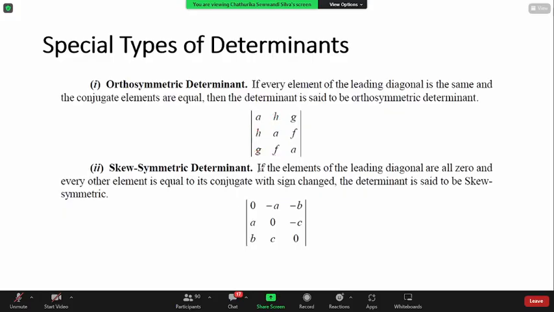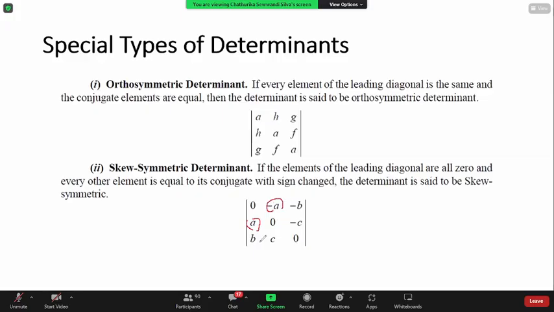The next one is the skew-symmetric determinant. If the elements of the leading diagonal are all zero, make all your leading diagonal elements zero, and every other element is equal to its conjugate with sign change. So here A, it's minus A. There is a sign change.